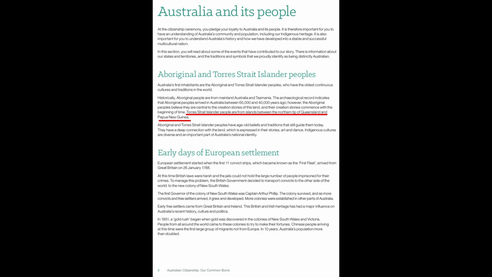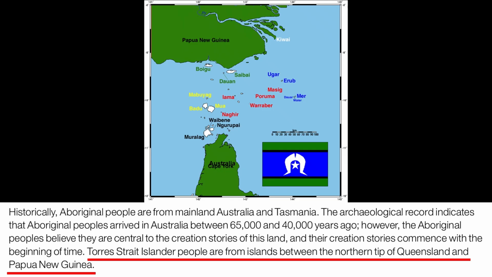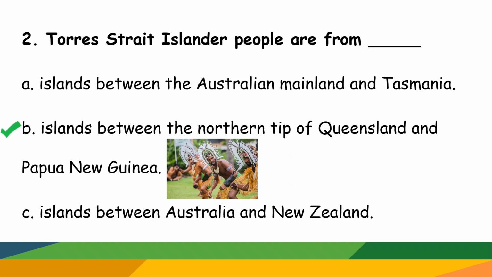Page 8 in Our Common Bond says, Torres Strait Islander people are from islands between the northern tip of Queensland and Papua New Guinea. So the answer is B. Torres Strait Islander people are from the islands between the northern tip of Queensland and Papua New Guinea.